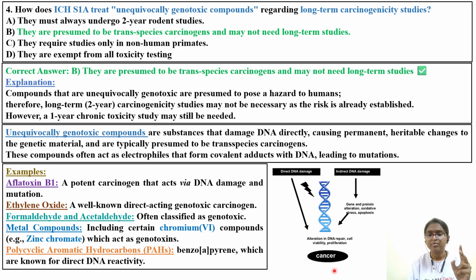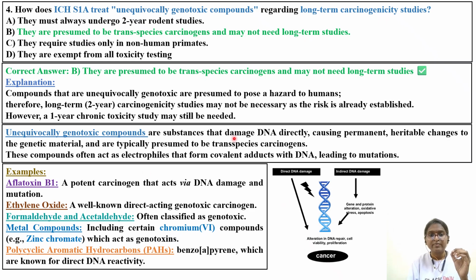So always remember, whether it is direct or indirect DNA damage, it is causing cancer. Based on that only you will be identifying a threshold, which will be utilized for your risk assessment. Then you will understand whether you need to apply the ICH M7 guideline or not.